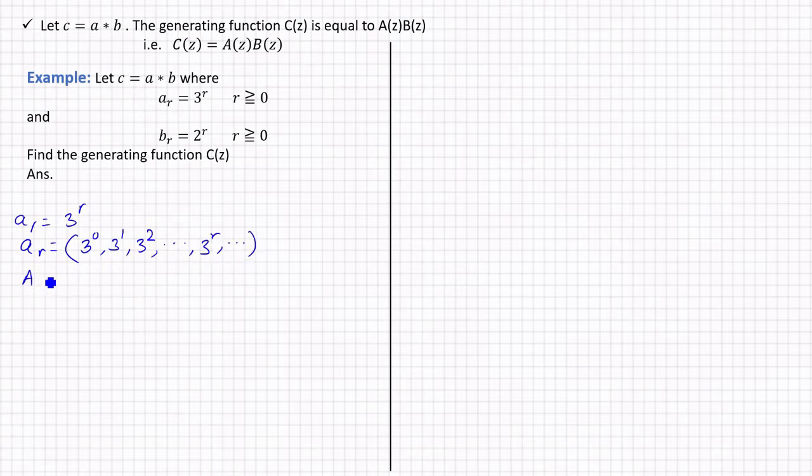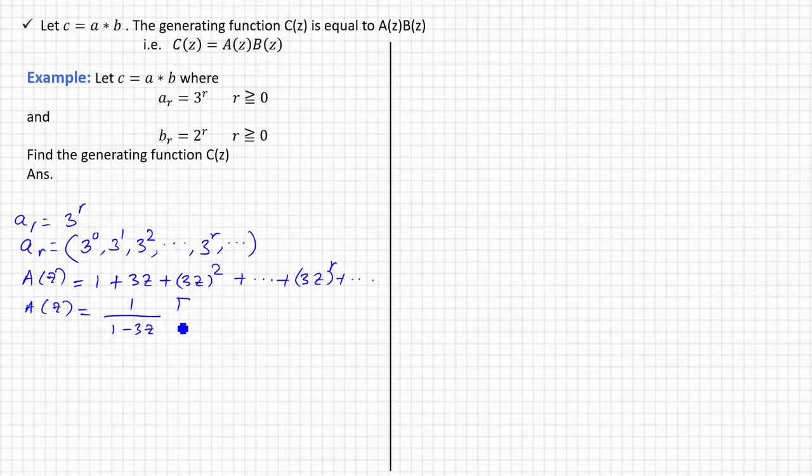Now A(z) can be written as 1 plus 3z plus 3z squared, and so on, plus 3z to the power r, and so on. So this A(z) can be written as 1 divided by 1 minus 3z.